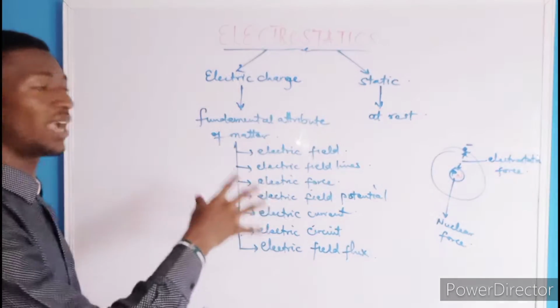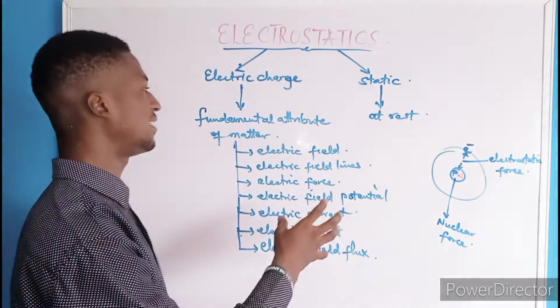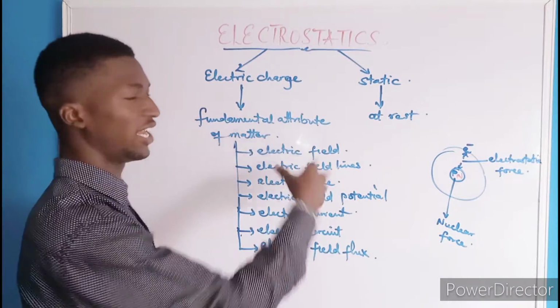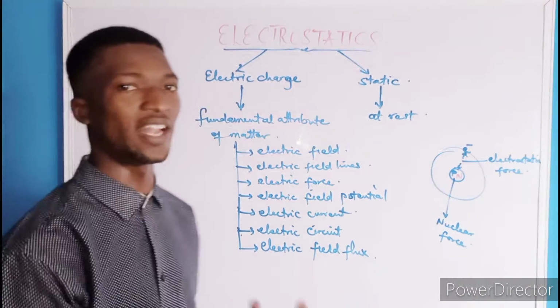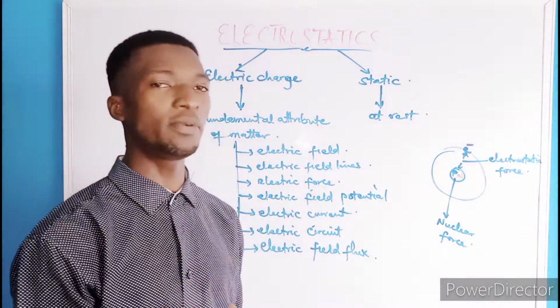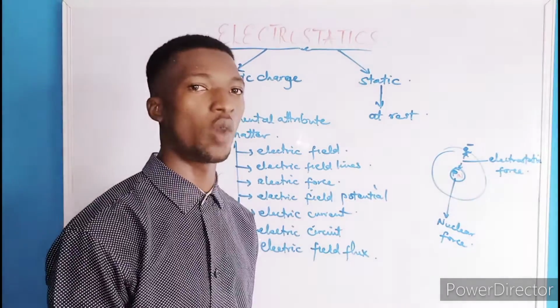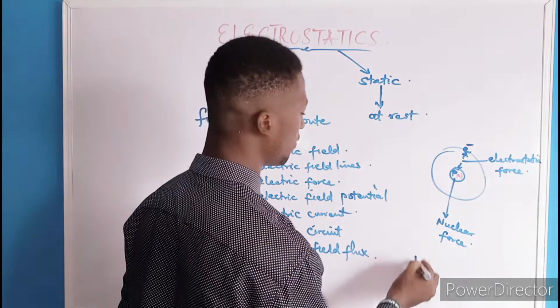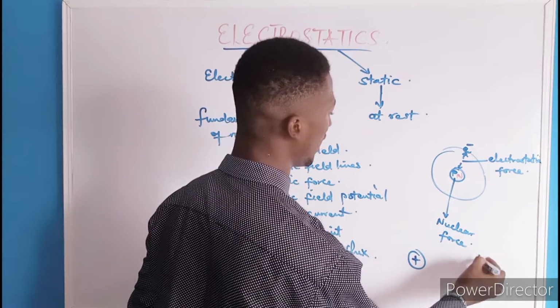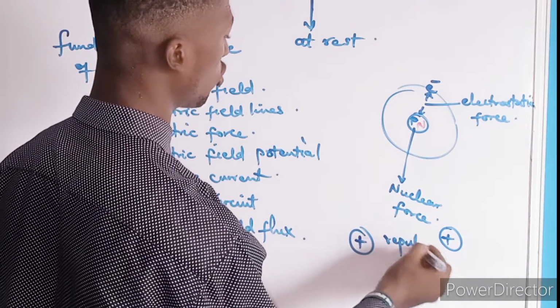Now here, we can quickly look at some rules or principles governing an electric charge. The first one is the fundamental principle of electric charge. It states that like charges repel while unlike charges attract. Meaning when I have a positively charged particle and a positively charged particle, what we have here will be repulsion.